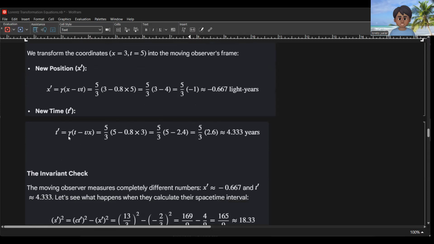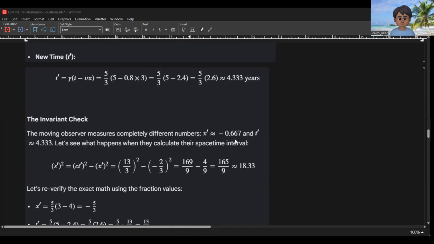The time t prime, by substitution, is equal to 4.333.